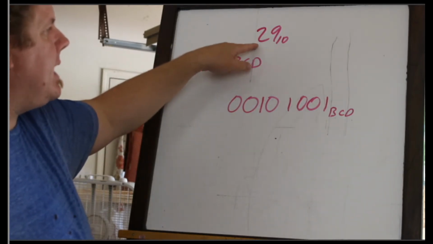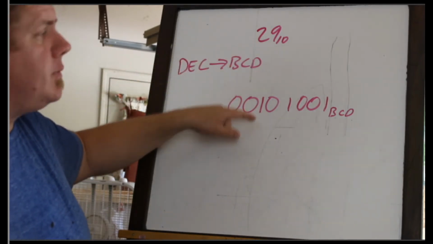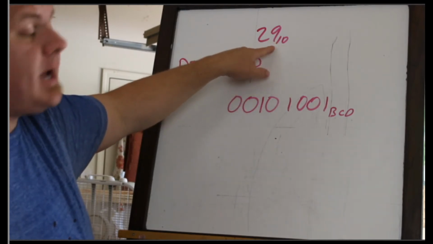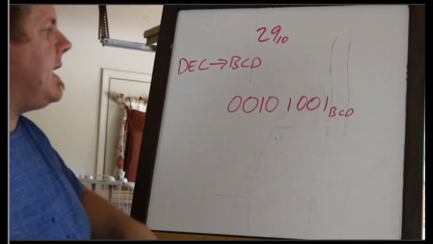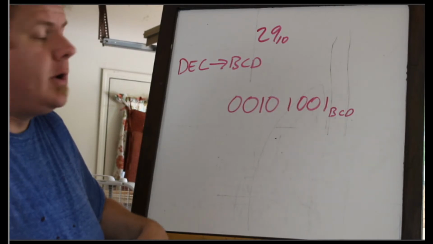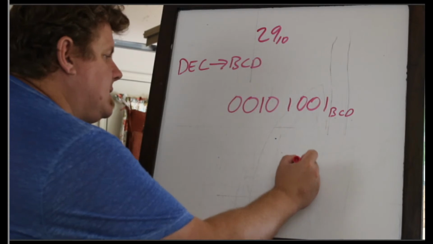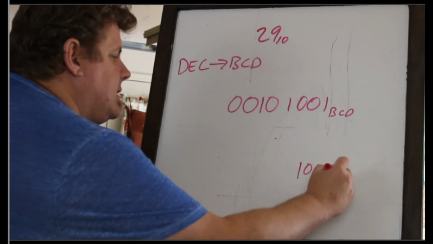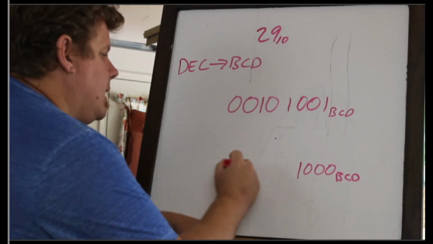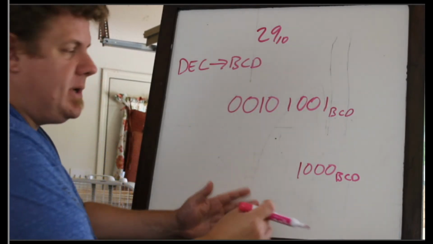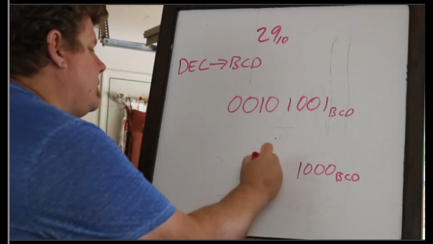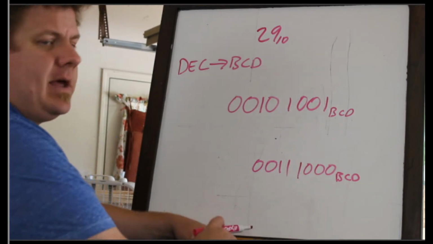What's the 4-bit binary of 2? That's what goes first. What's the 4-bit binary of 9? That's what goes next. So we have an 8-bit total BCD number. And so you're only going to have, let's say this was an 8. So that is one possible BCD number, or that's another one.